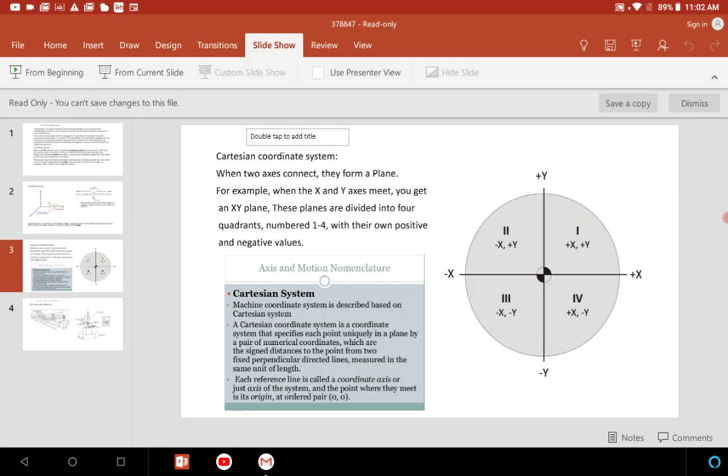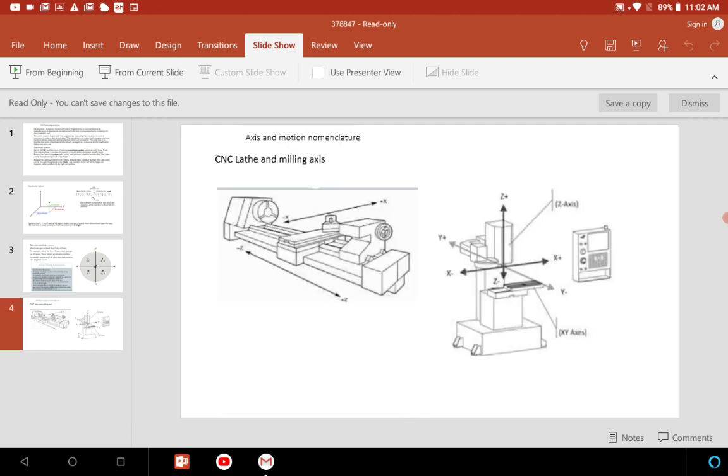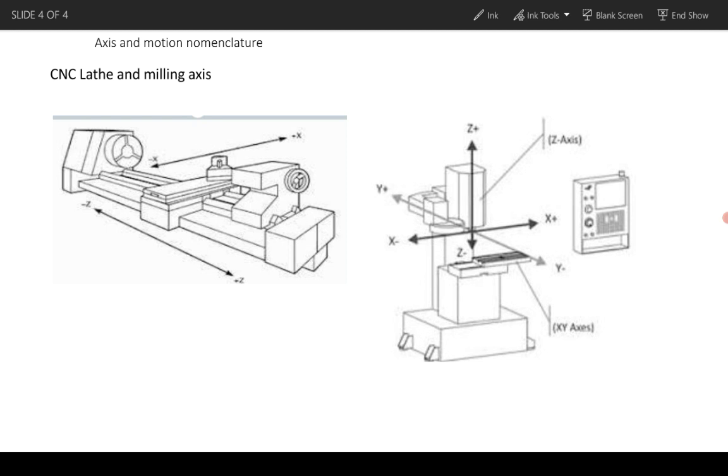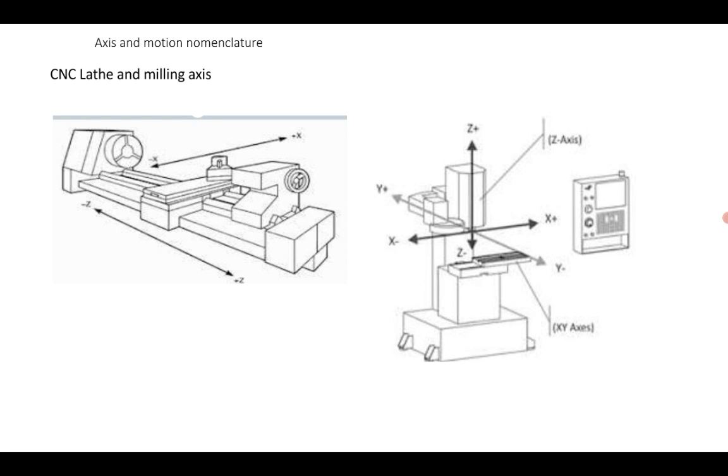Now the machine view: you can see here the axes for the lathe as well as the milling machines. The left one is the turning or lathe, and the one on the right side is the milling machine.